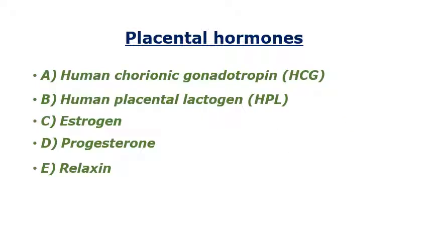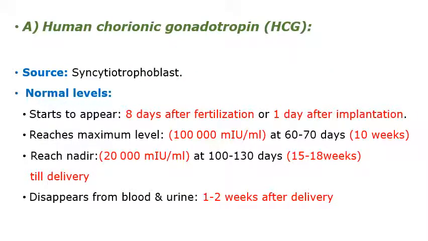The placental hormones are human chorionic gonadotrophin, human placental lactogen, estrogen, progesterone, and relaxin. The human chorionic gonadotropin is secreted by syncytiotrophoblast, and the level starts to appear 1 day after implantation, and it reaches maximum level at 10 weeks gestation, which is 100,000 milli-international units per milliliter.